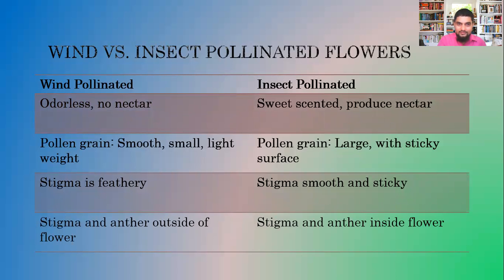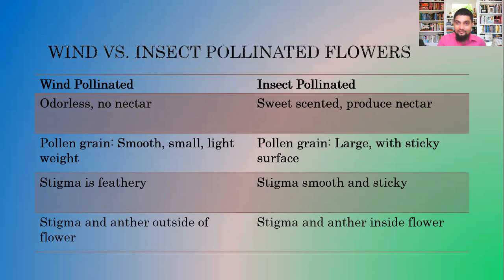The final comparison that I have here to discuss is that the stigma and the anther of the wind-pollinated flower are outside of the flower. So when you look at the flower, you would see these structures clearly. You do not have to look inside of the flower or inside of the petals to see the stigma and the anther. So that's one indication that the flower is wind pollinated.